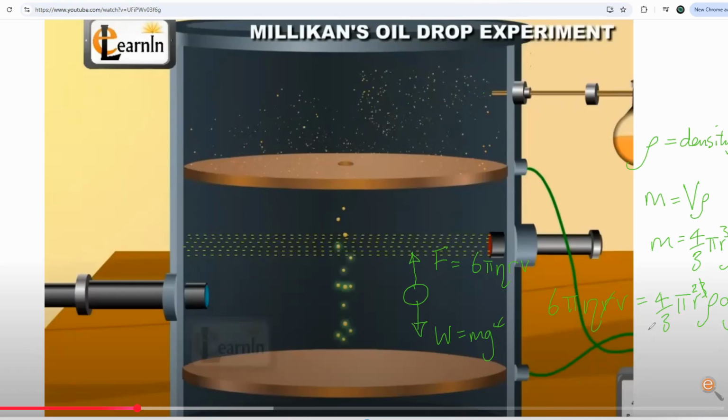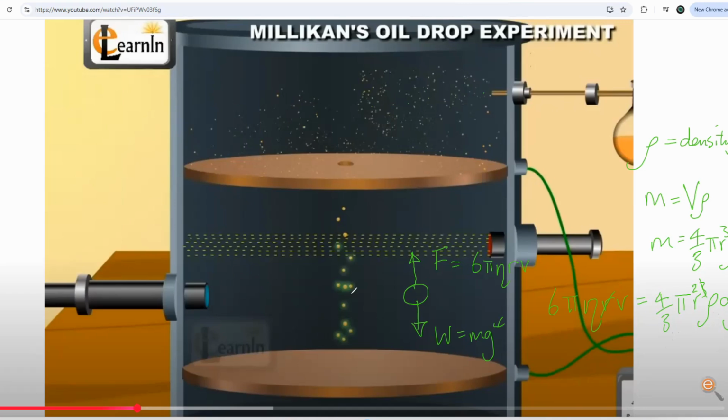So if we know g and the density, and we know the speed and the viscosity, then we can work out what the radius is of the particle. If we know the radius, we know the mass, so we can work out the mass. And you can do it for lots of different mass particles. So now we know what the mass is of our particle.